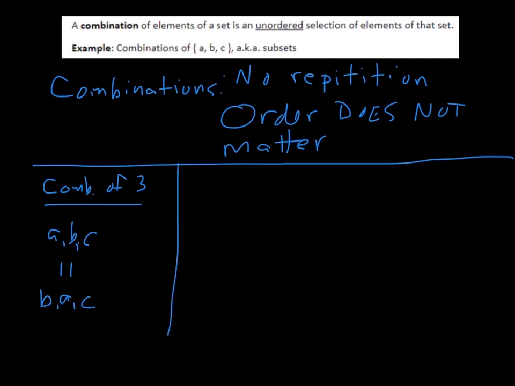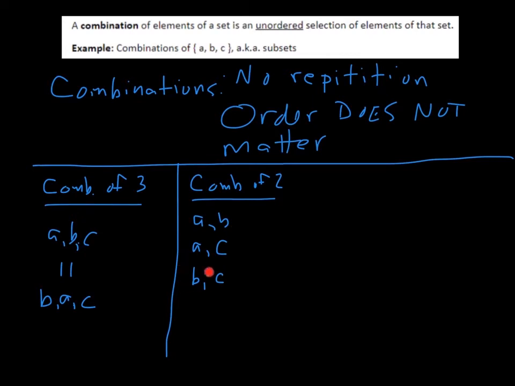Now, if I'm taking combinations of 2 of them at a time, what would that look like? Well, I could choose AB, I could choose AC, or I could choose BC. And that's it, because anything else that I write down, if I write down BA, it's the same as this one. If I write down CA, same as this one.